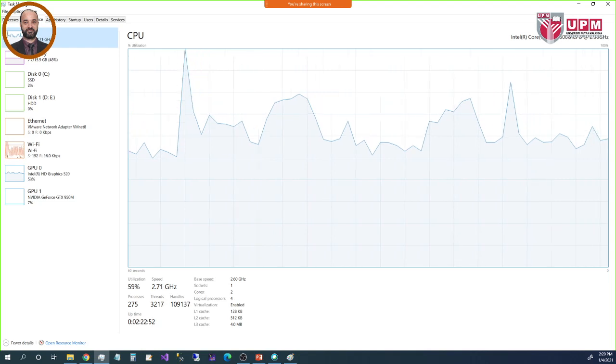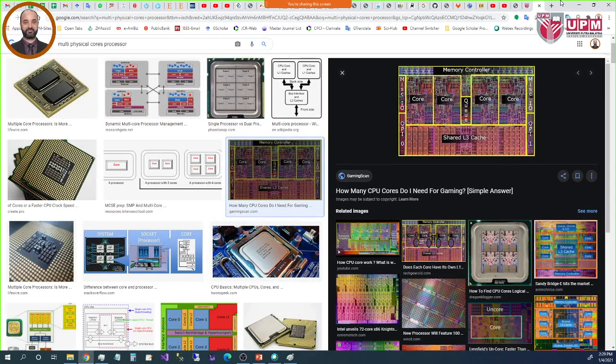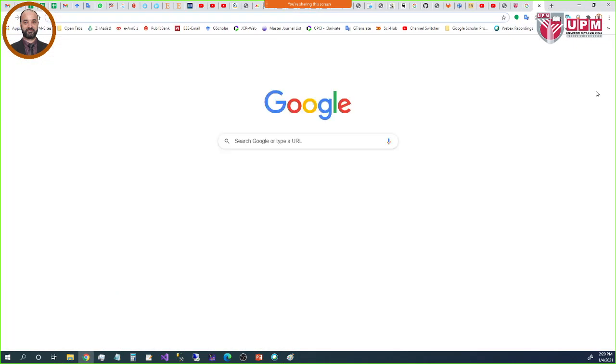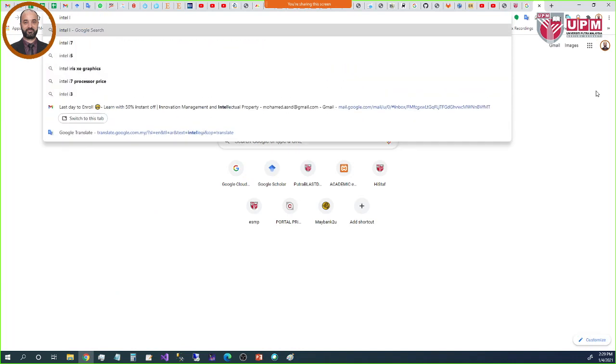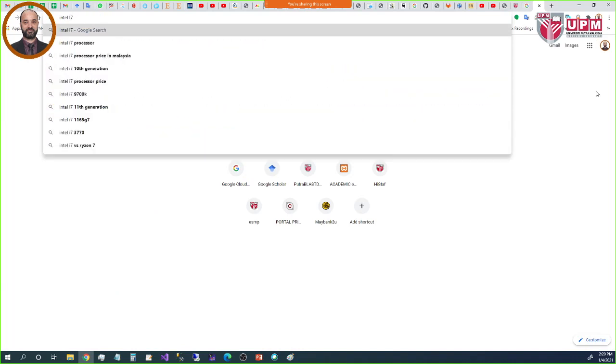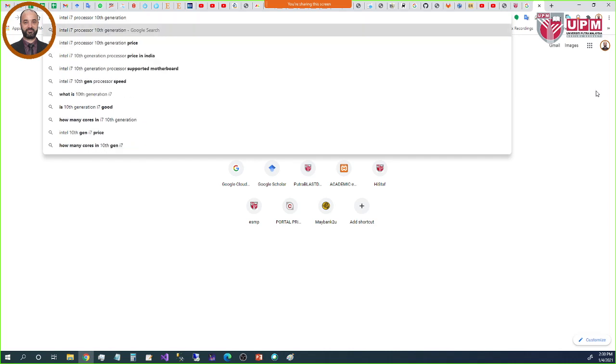So if you are really interested in that, you can go and search deeply inside Intel, for example, i7 processor 10th generation classes.